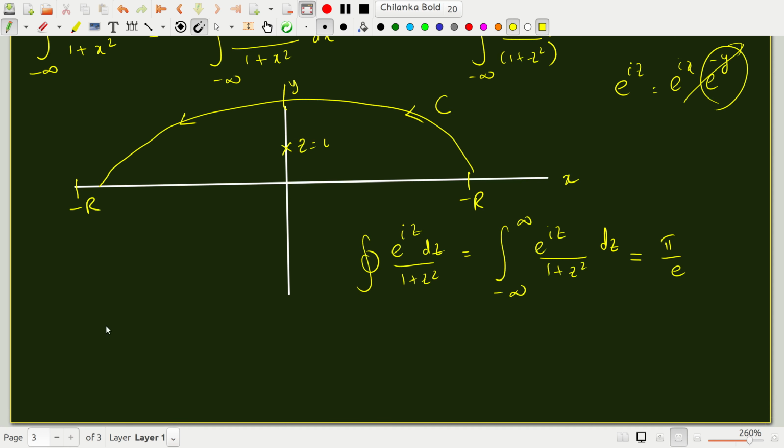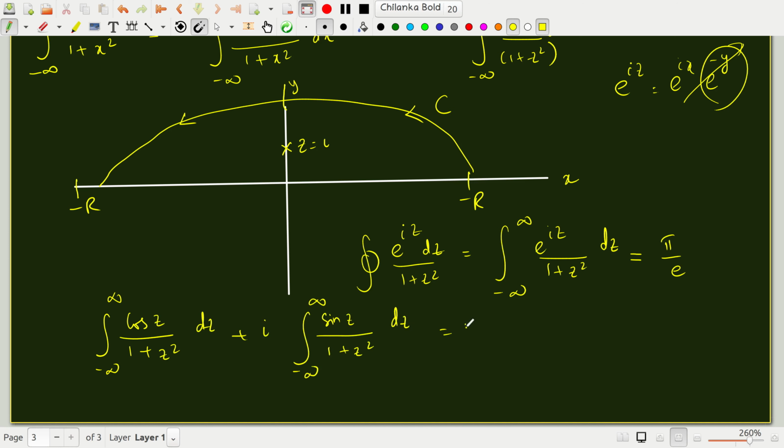Now I can split it into a real and imaginary part: the integral from minus infinity to infinity of cos z by 1 plus z squared dz, plus i times the integral from minus infinity to infinity of sin z by 1 plus z squared dz, is pi by e. Now you have to equate the real and imaginary parts on both sides.